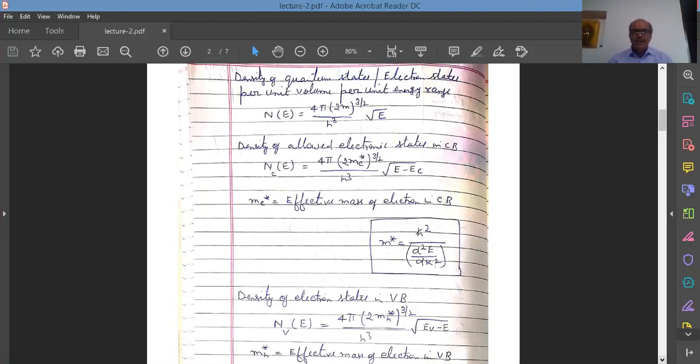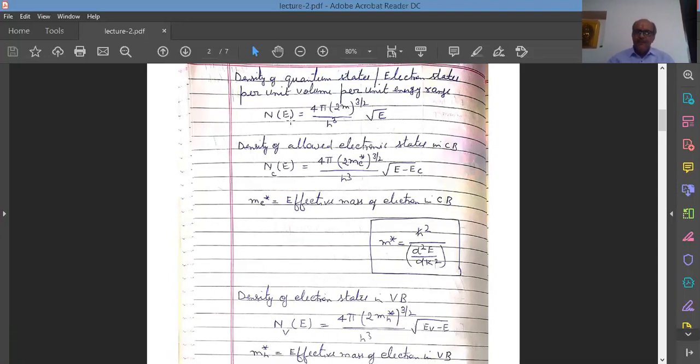That is given by the function density of quantum states, or density of electron states, and the expression for the density of states per unit volume, per unit energy range is given by Ne is equal to 4 pi (2m)^(3/2) upon h cube, under root E. Here E is the energy, m is the mass, h is the Planck constant, and Ne is basically the density of states per unit volume, per unit energy range.